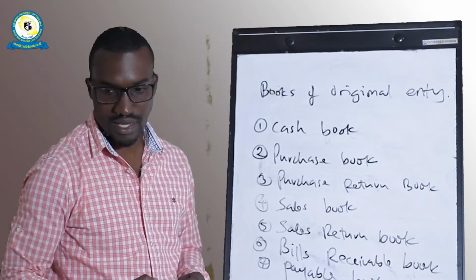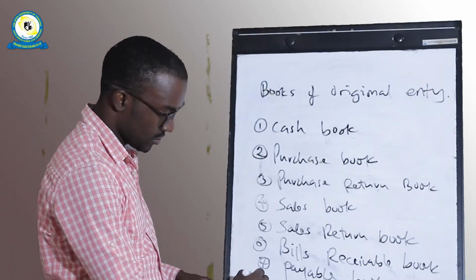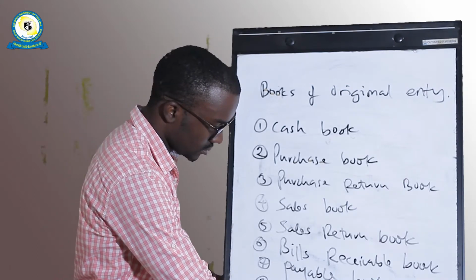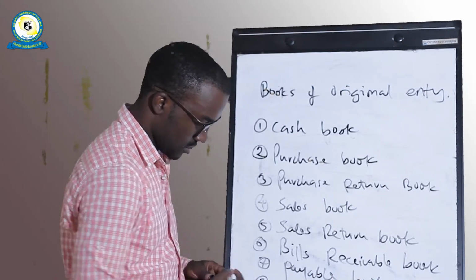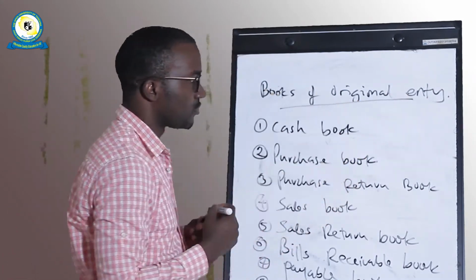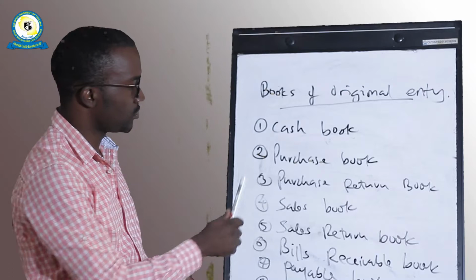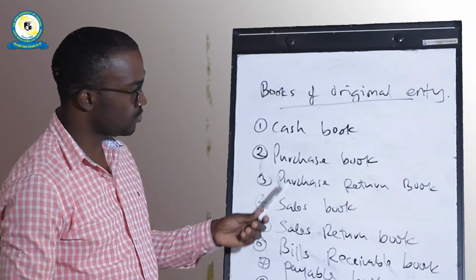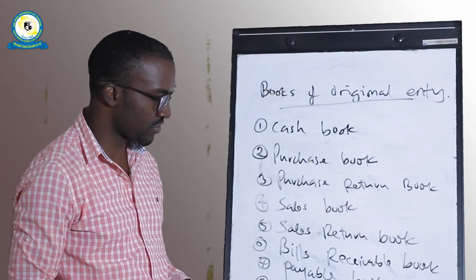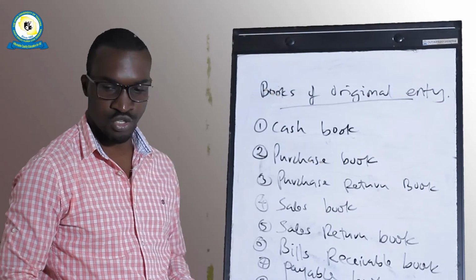And lastly, sometimes you might have the journal proper. So you see, these are some of the books of original entry. One might have a cash book, purchase return book, sales return book, bills receivable, payable book, and journal proper.